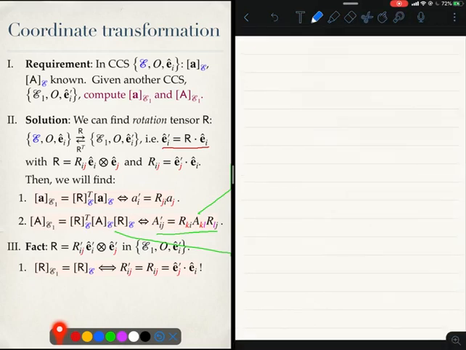Let's again switch to single page. In this formula, set A equal to R. Then what will I get?